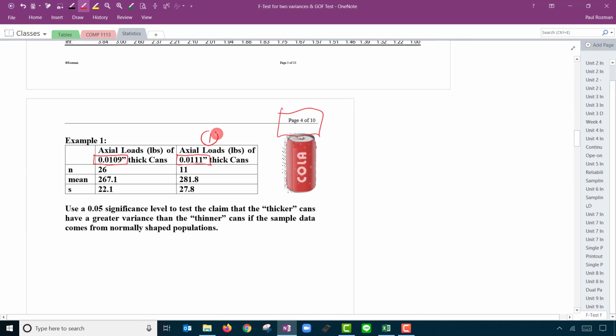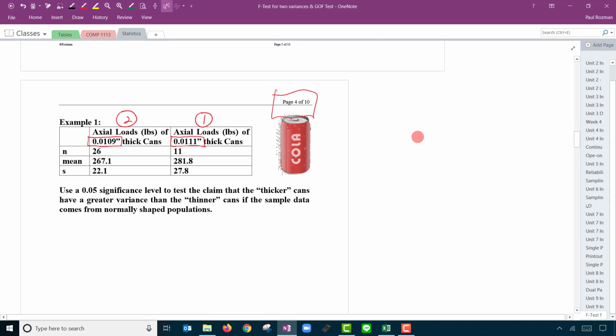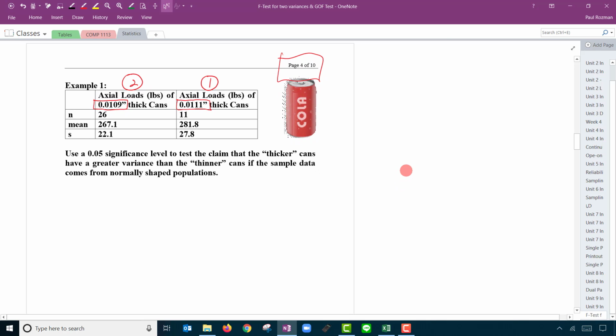So in this case, group 1 is 27.8 squared, which is larger than 22.1 squared. So be careful there. Don't just work left to right. Whichever one has the larger variance, that's the one you call group 1. And in this case, group 1 is the thicker can versus the thinner can.